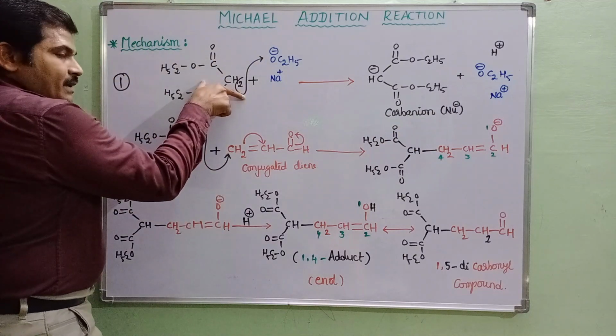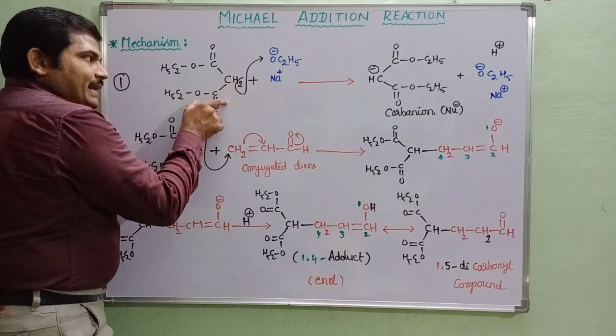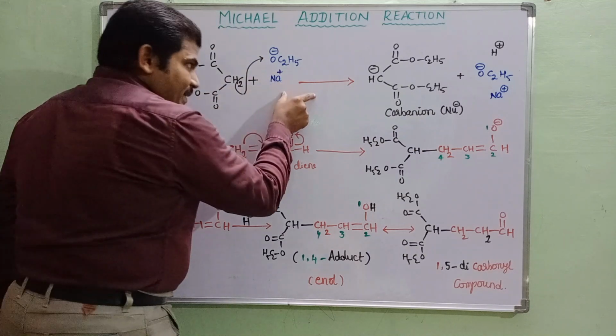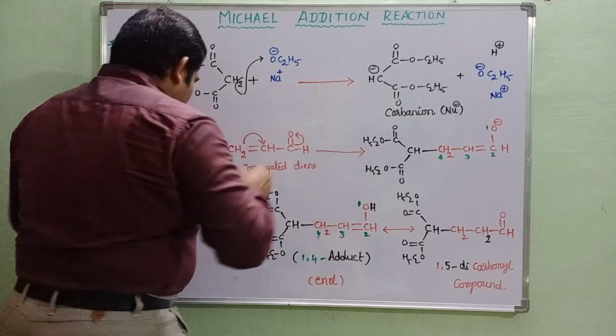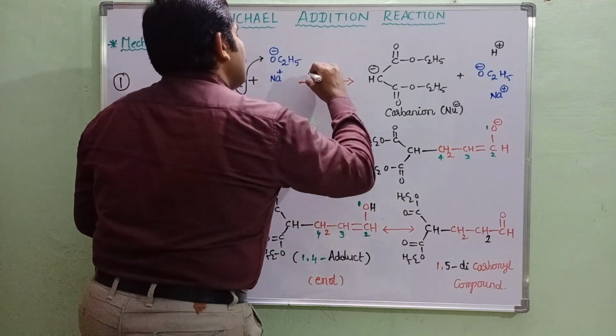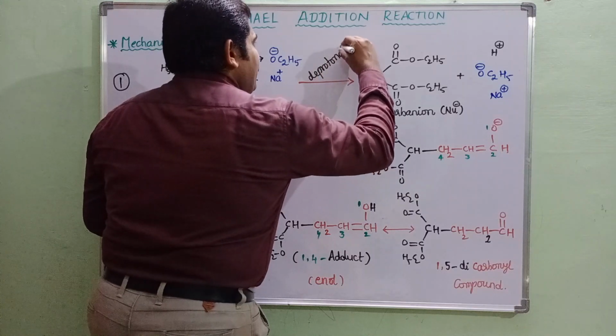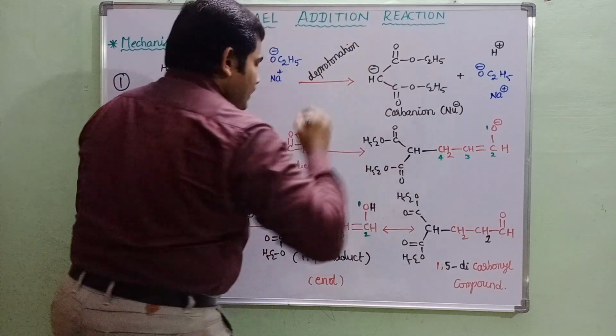In this step, active methylene group containing carbonyl compounds or esters in presence of base undergo deprotonation to yield carbanion.